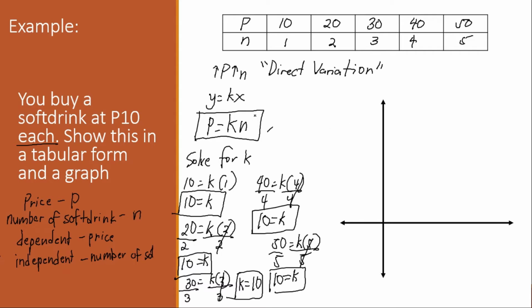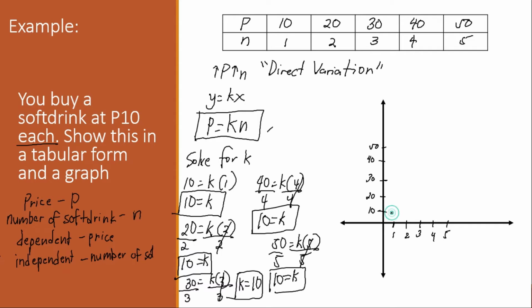Ngayon, ipakita natin yung graph. So, since yung ating sinubstitute sa x will be the n, so yung n yung nasa x-axis natin, 1, 2, 3, 4, and 5. Dito naman sa y-axis, by 10 na lang ako kasi matatagalan tayo kapag sinulat ko isa-isa. 10, 20, 30, 40, and 50.